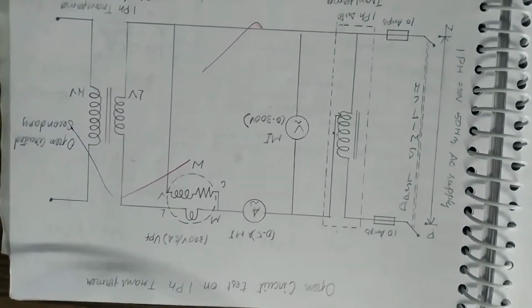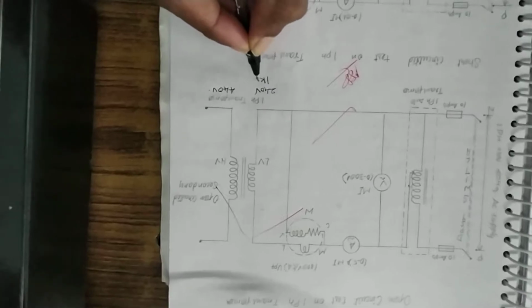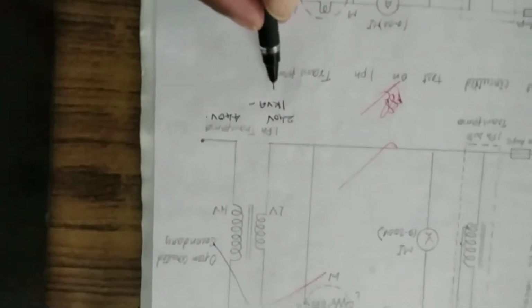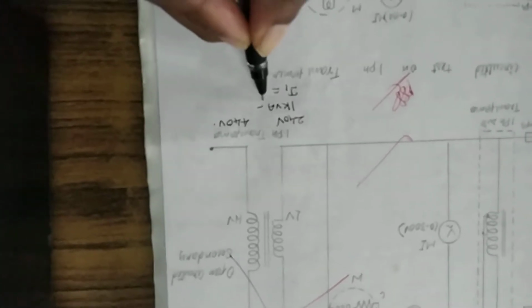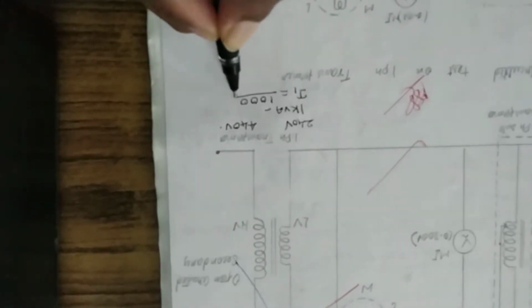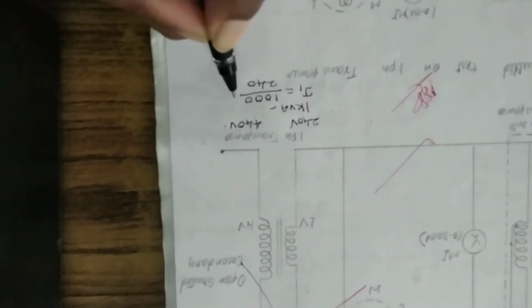Now the current capacity: the device is rated for 1 kVA. The primary current I1 equals 1000 divided by 240, which gives around 4 point something ampere. This is the full load current, but in the no load test it will take 10 to 20% of the load current.